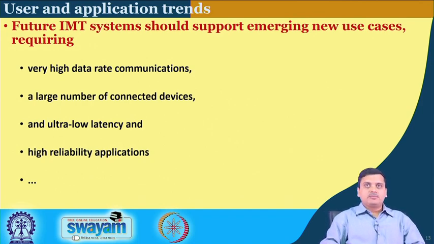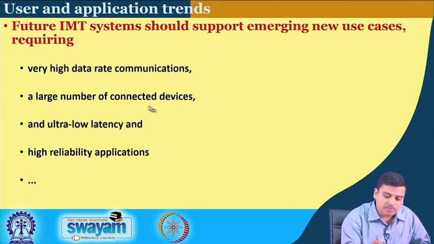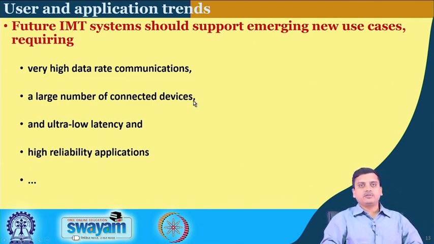Future IMT systems should support emerging new use cases requiring very high data rates. So, we were talking about the scenarios; we will later see the details of this. It is also required to support a large number of connected devices. Now, as we have gone through in the previous few lectures, we are seeing how the requirements are evolving.